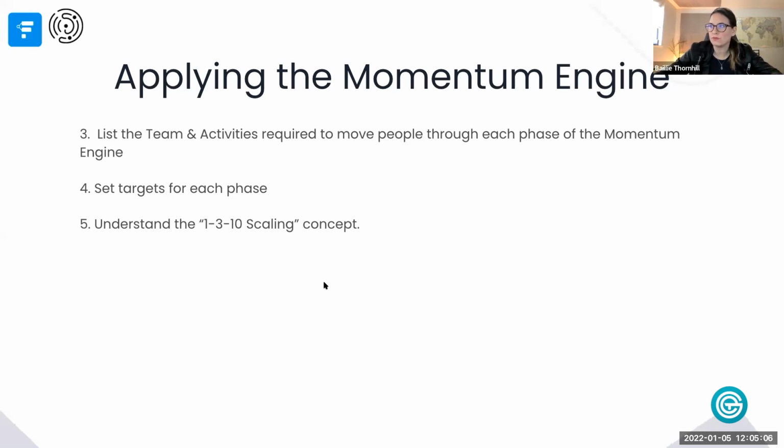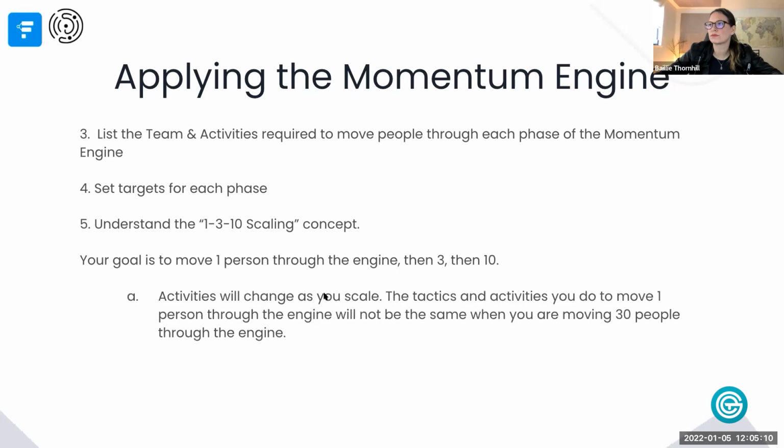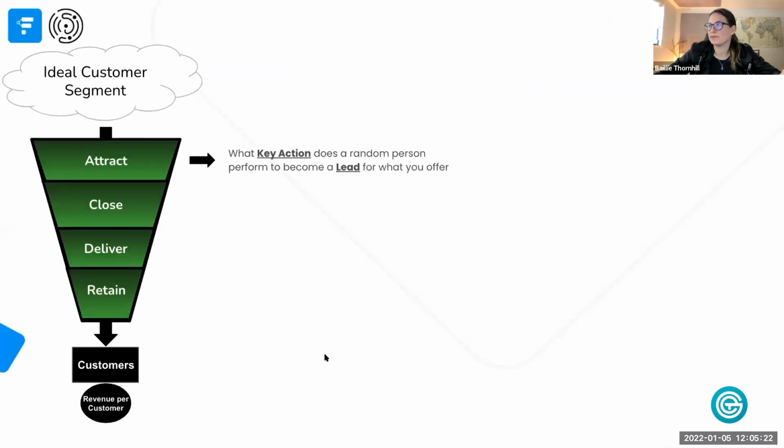Does that make sense? Cool. What I said, so tactics and activities you do to move one person through the engine will not be the same when you're moving 30 people through the engine. So we need to validate before you spend that time.